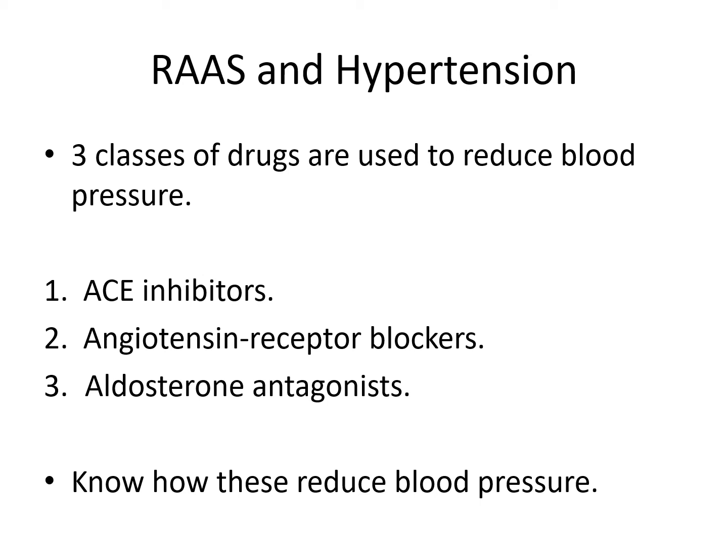This is the angiotensin converting enzyme, which converts angiotensin 1 to angiotensin 2. Angiotensin receptor blockers will block the receptors from angiotensin binding to them and having its effect. And also aldosterone antagonists, which will also reduce the hypertension by reducing the reabsorption of sodium and the consequent water reabsorption. So you might have to review these if you're a little fuzzy on these.